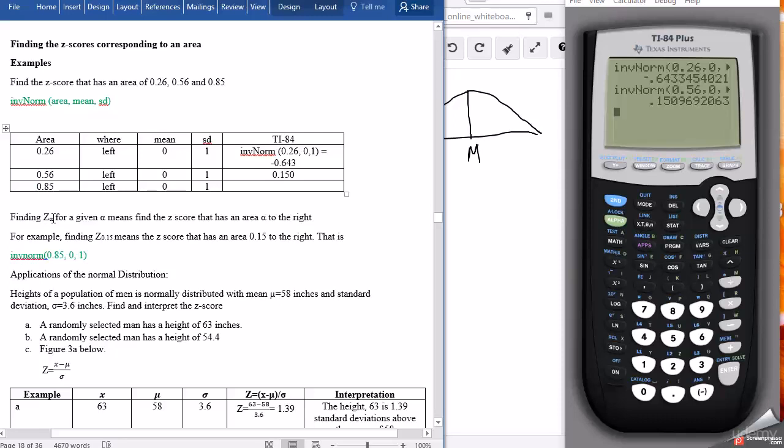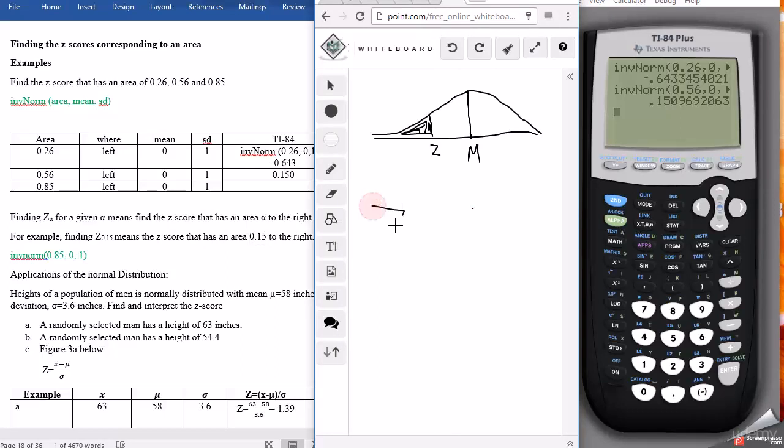Okay, moving on, we are going to find z-alpha. Sometimes we'll just be asked to find z-alpha. Now alpha represents the area to the right of the z-score. So for instance, if we have z sub 0.15, what it's simply saying is that there is a curve, this is the mean, and then there is an alpha here of 0.15.